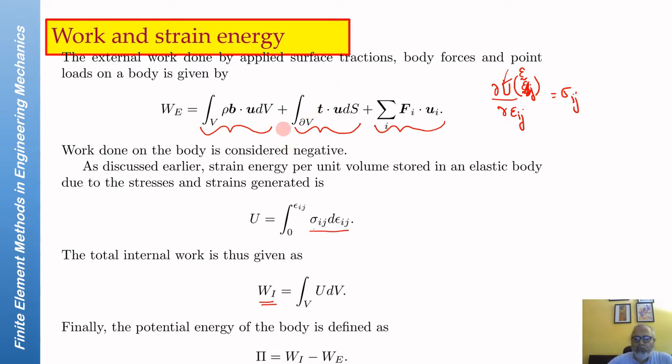Now we define the potential energy of the body as the difference between the internal energy stored and the external work done. Wi minus We is known as the potential energy of the body. It is the internal energy stored minus what is known as the potential of the loads.